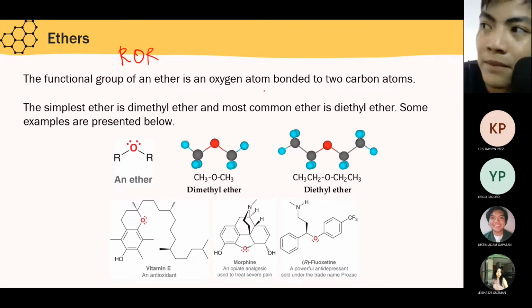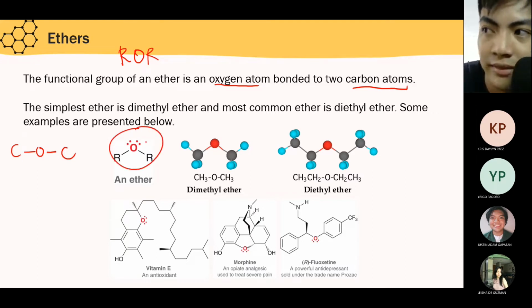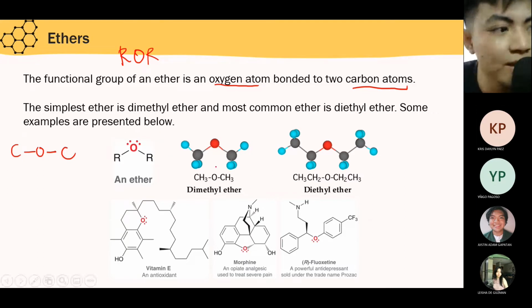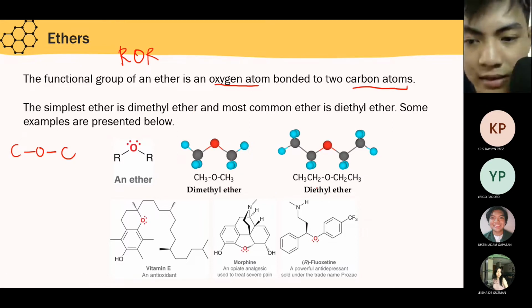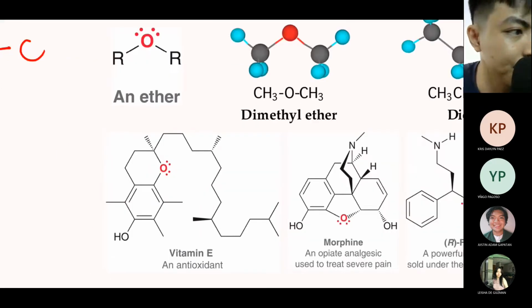Okay, so ether is a functional group wherein your oxygen atom is bonded to two carbon atoms. So, may carbon on the left, carbon on the right, nasa gitna si oxygen. Yan yung ether. Some of the examples of ether are dimethyl ether, diethyl ether, ito sa vitamin E, kung mapapansin nyo may ether dyan.